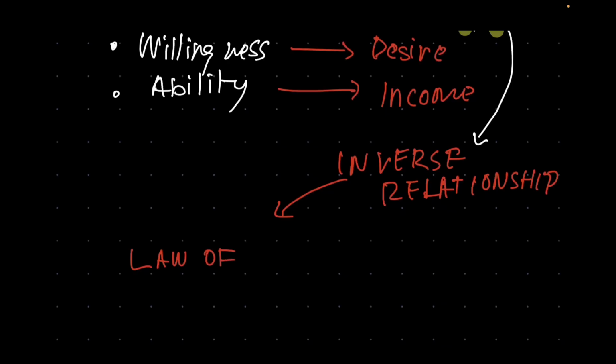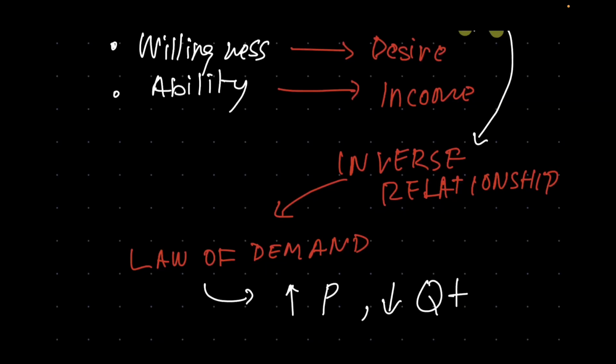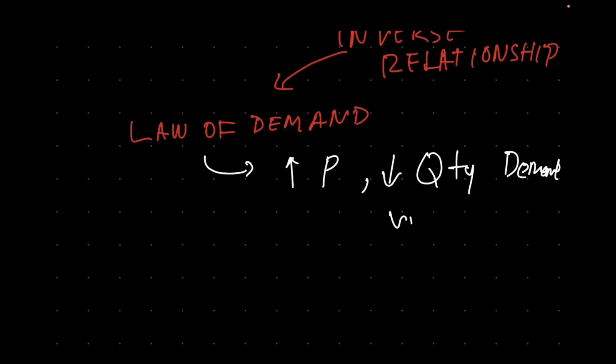Now this is really important for exams, and I would like that you sort of memorize this however you can, using flashcards perhaps. The law of demand states that a rise in the price level leads to a fall in the quantity of goods demanded, and vice versa. That is the law of demand.